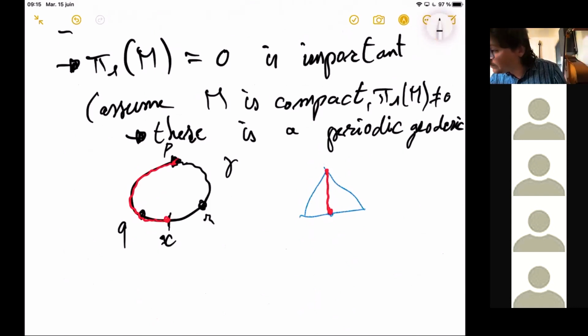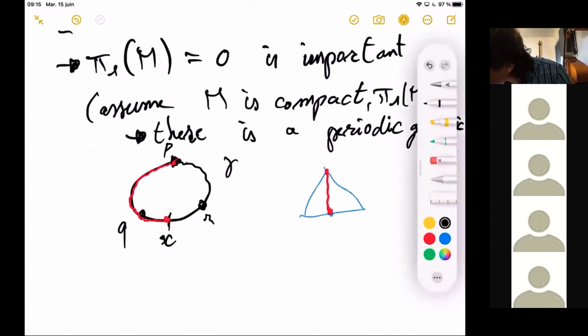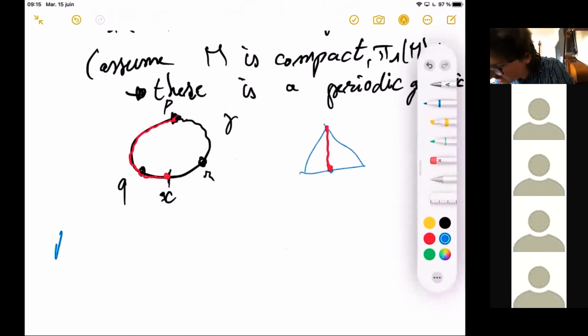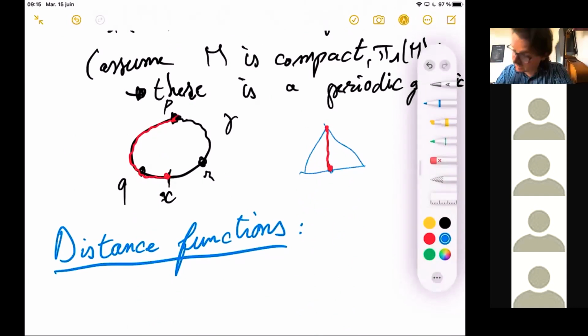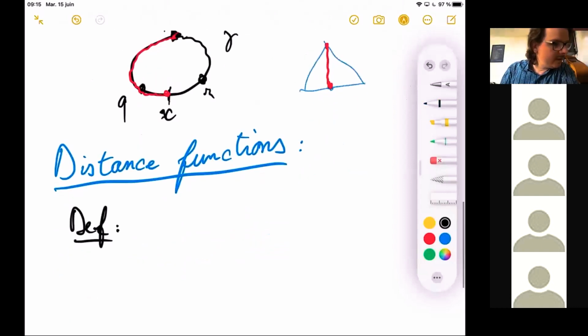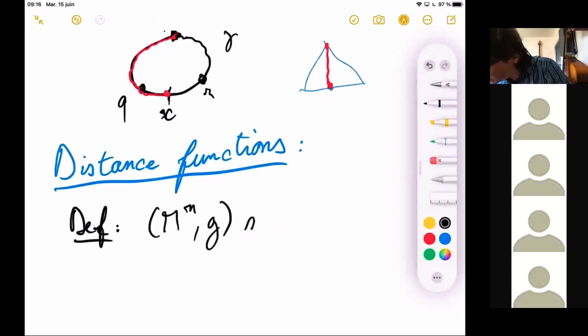So the proof of this kind of result in the smooth realm is based on the analysis of distance functions. Okay, let's give a definition first. Let M be a smooth manifold.